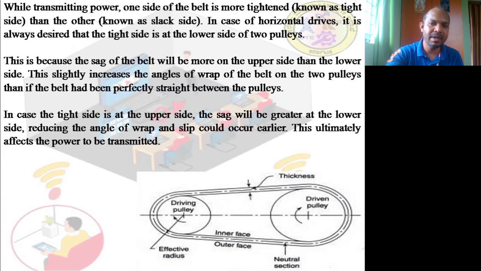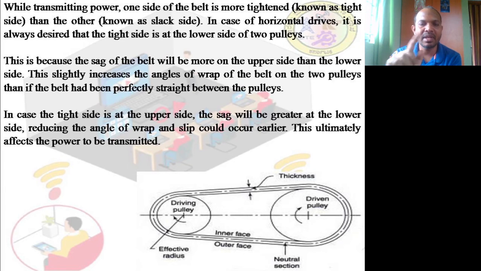It's only because, my dear friends, you just imagine, there is a driving pulley whose diameter is less and a driven pulley whose diameter is more. That means this power transmission is to minimize the rotary motion. The driving pulley will be rotating faster than the driven pulley.